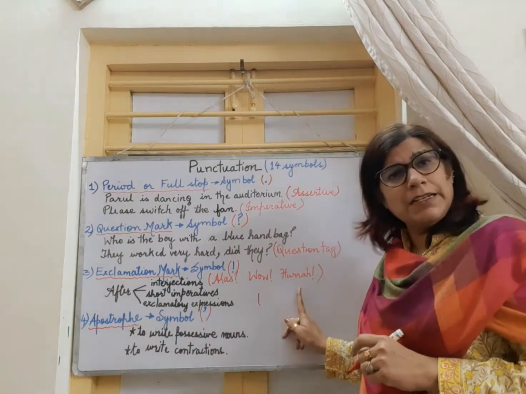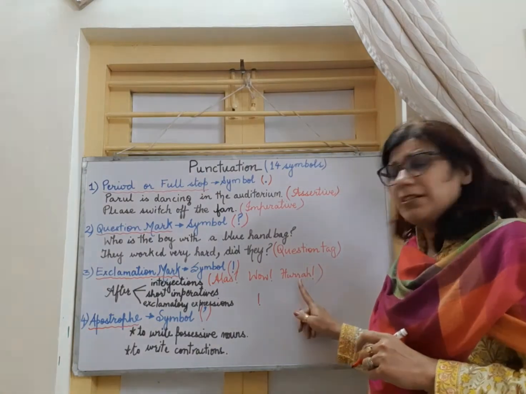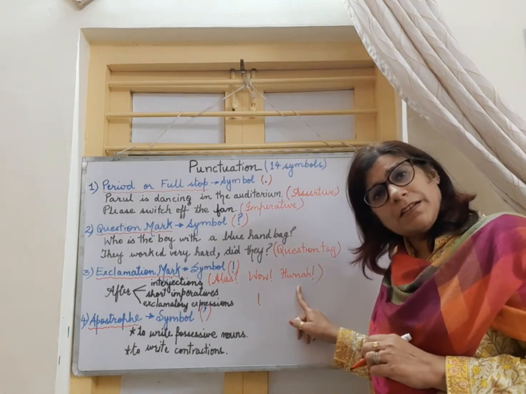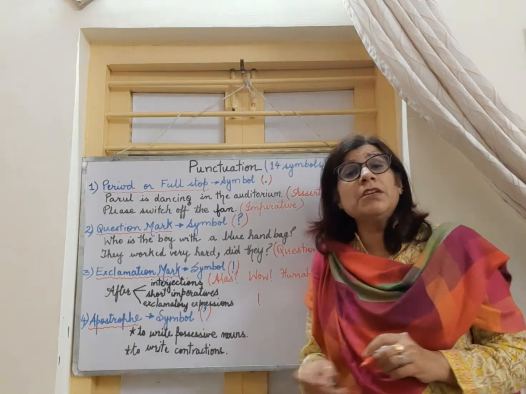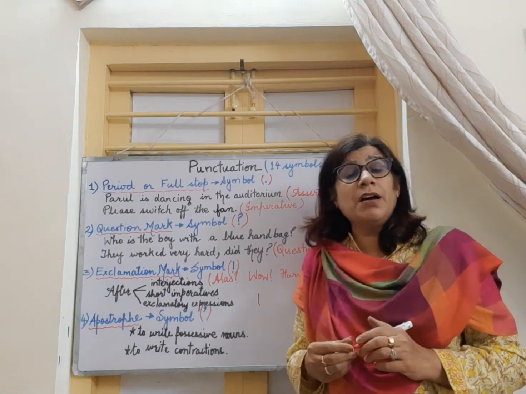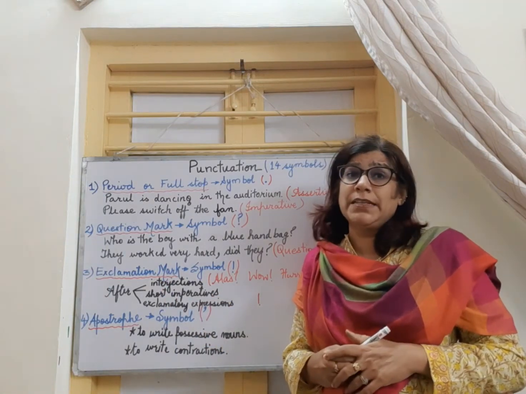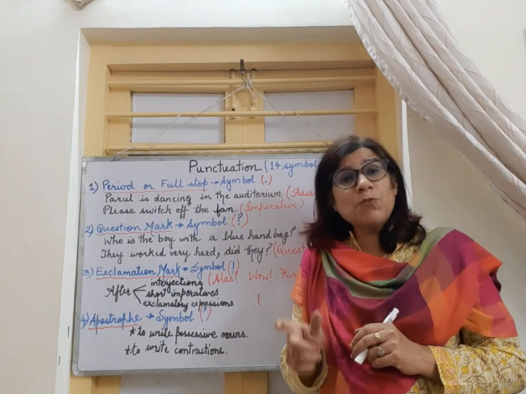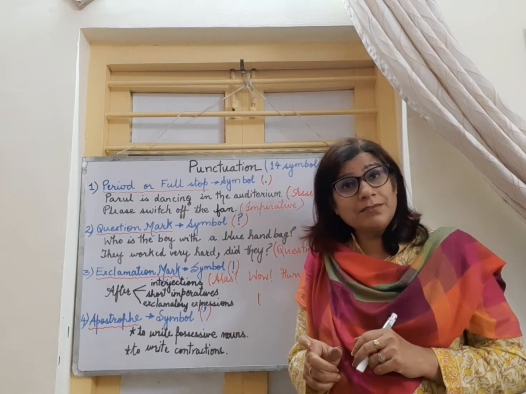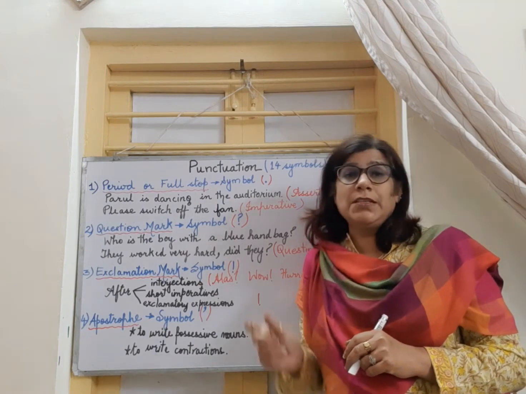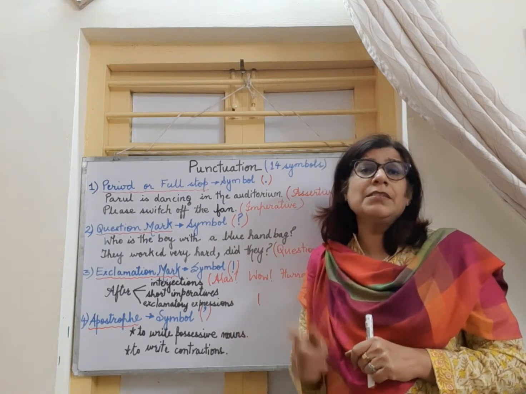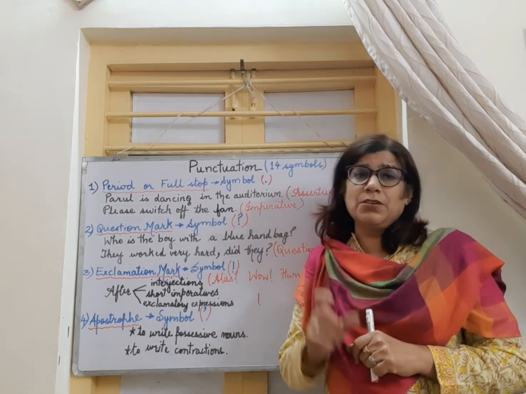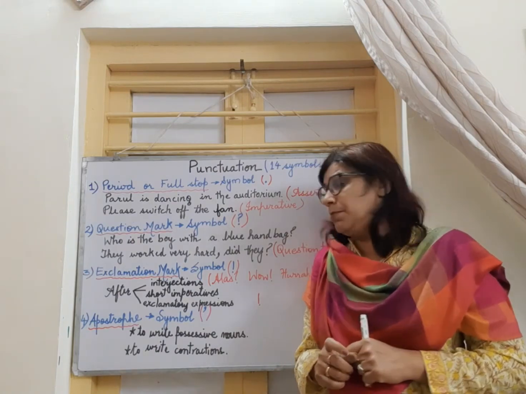At the end of the interjections, we use an exclamation symbol. Then we also use the exclamation mark at the end of short imperative sentences, like keep quiet, well done, keep it up. All these are short imperative sentences, and at the end of all these we use an exclamation symbol.